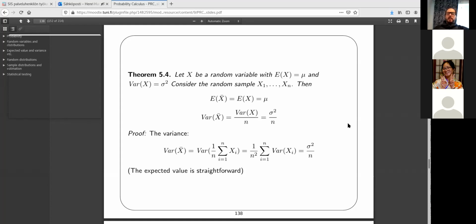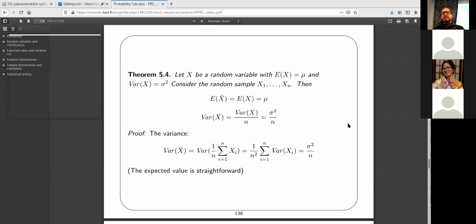We can use the variance of a linear combination. We add this variance n times to itself, so it's n times sigma squared, but each one of these variables is multiplied by 1 over n, so it comes out as 1 over n squared. Remember, it's this quadratic linear combination. So what remains is sigma squared over n.